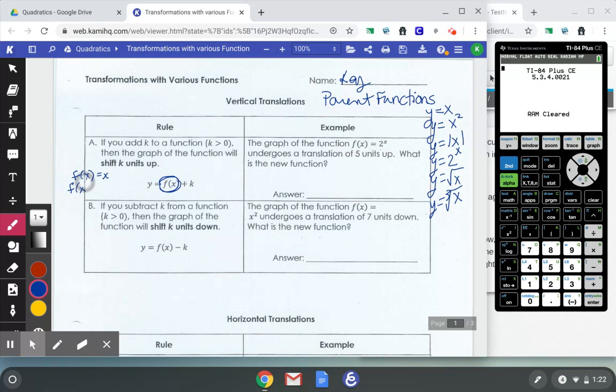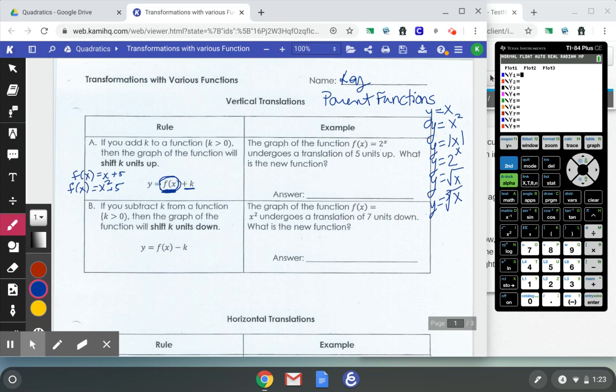If I said f of x equals x squared, it doesn't matter if it's linear, quadratic, or the absolute value function. If I take that parent function and add a positive k value to it, let's say I add 5, regardless of what the function is, what happens to that function? Let's take a look.